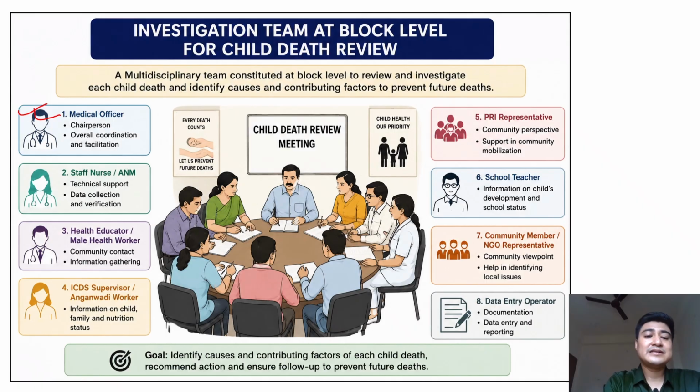Secondly, there would be a staff nurse, who can also be an ANM or technical support team. There would be health educators who would be liaising with the community. There may be Anganwadi workers, to gather information of child death from the community level.